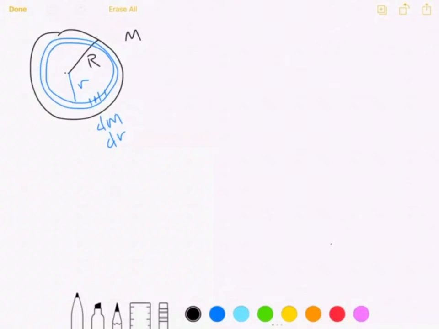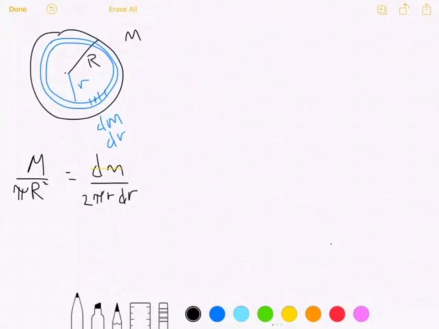So a little bit different than our rod is that we need to relate M and dm to the area of our disk and our really thin shell. So that relationship here, we're going to have big M is to pi R squared, big R, the radius of our disk, as dm, a really small strip of mass, is to 2 pi r dr. So again, we want to solve for dm.